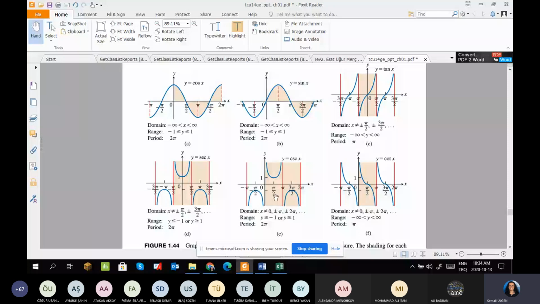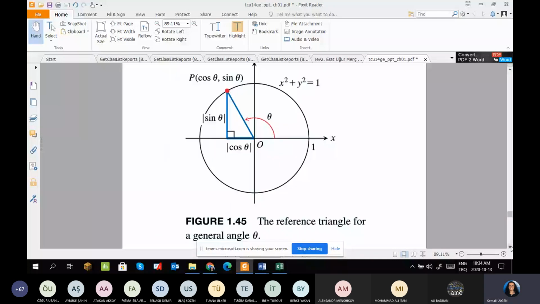And we have the reference triangle for a general angle theta. This is the one that we discussed before when we were finding the example. You can consider this height as the absolute value of sine theta and this width the absolute value of cosine theta. So if you move this theta here, you should always think about that.